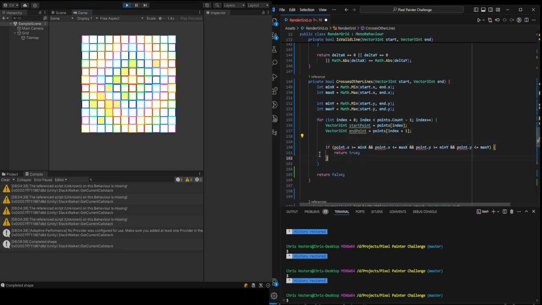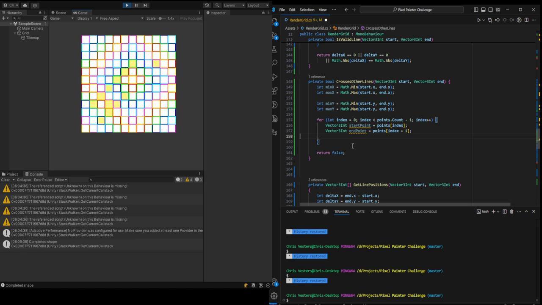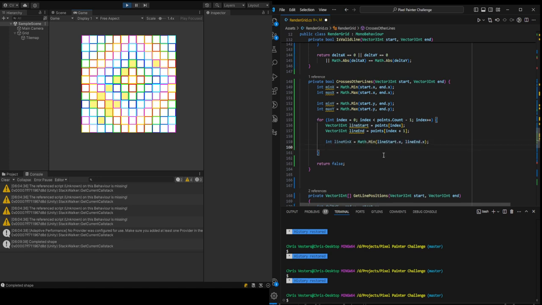That's better. Right, so I will call this line start and line end. Although of course this is also a line. I should really have line min x, line max x, line min y, line max y.